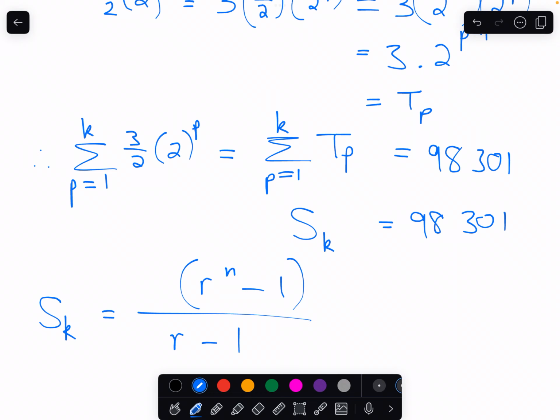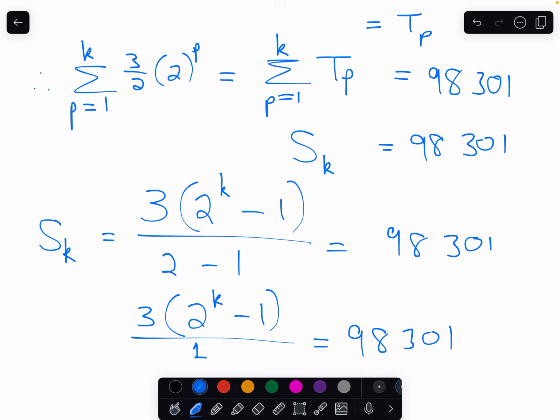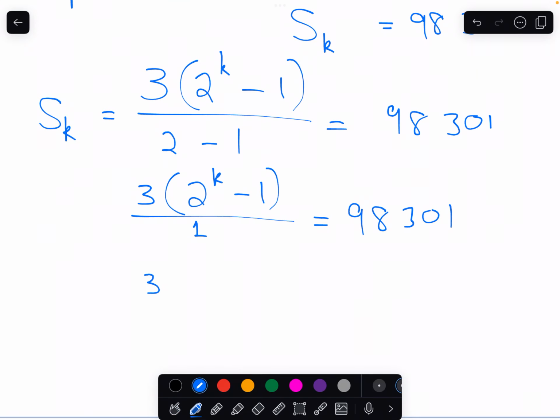In our case, a is 3, the first term, r is 2, n is k, and then we replace the r here with 2 as well, and we want that to be equal to that. So that is 3 times 2 to the k minus 1 divided by 1. Okay, right, divide by 1 doesn't do anything really.